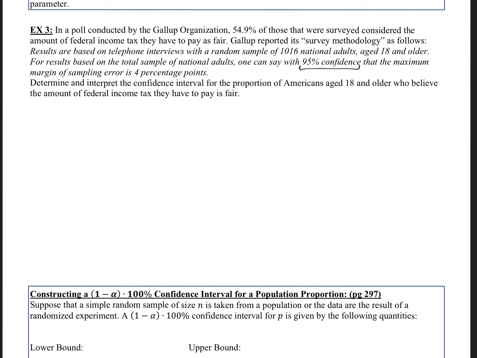Alright, so what are we going to want to do here? Remember, the confidence interval is basically equal to the point estimate plus or minus, so the upper and the lower bound, of the margin of error.